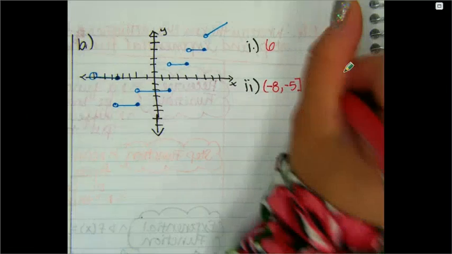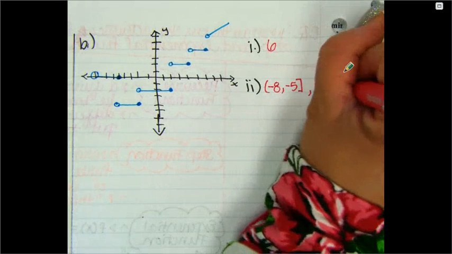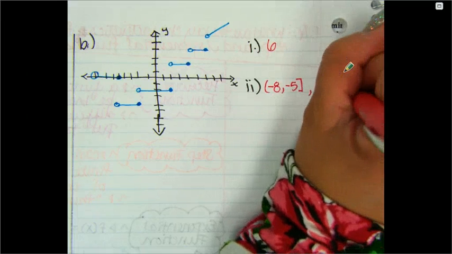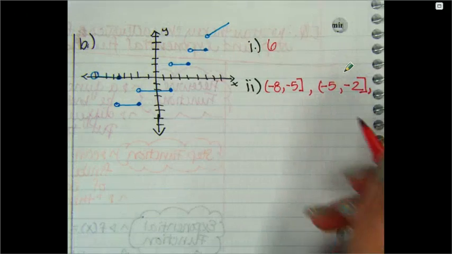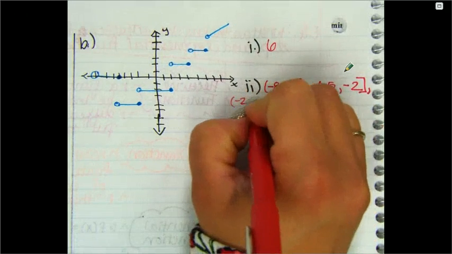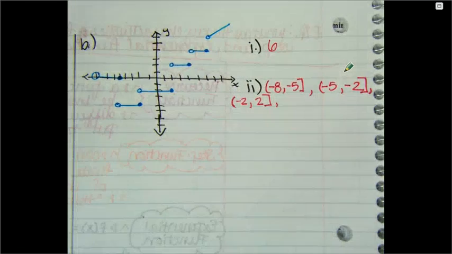Bracket or parenthesis? Bracket. Then we go from where? Parenthesis, -5, 2. -2, with a bracket, yes? What's the next one? -2, 2, to 2 with the bracket.